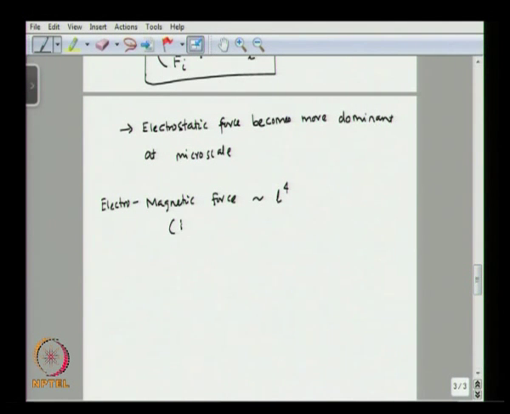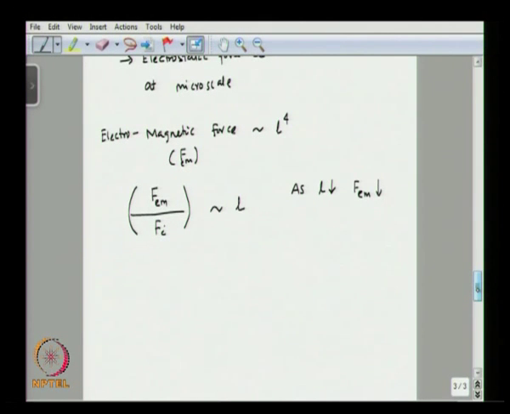So let us call this F m. So F em, the electromagnetic force, divided by the inertia force is going to scale as L. So as L reduces, the electromagnetic force is going to be less significant, okay. So that is the reason why electrostatic actuators are preferred in microsystems.